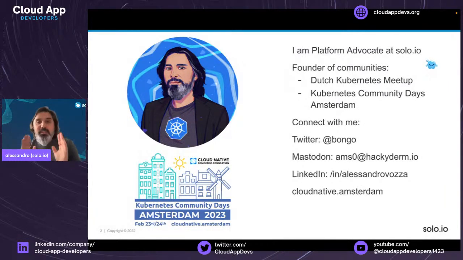So about me, this is one thing that you need to know about me. I really love communities. I've been running the Dutch Kubernetes Meetup for 7 years now, 3,200 members almost, and next week we are actually culminating the efforts of about 3 years, really, because we did it in 2019. It was so successful.